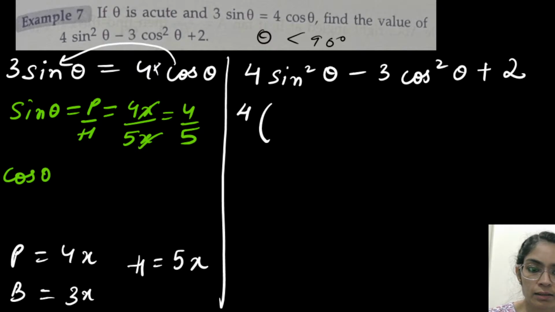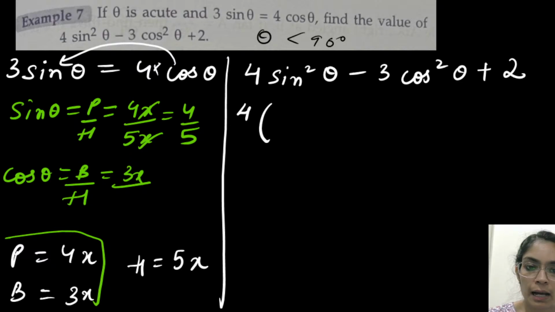Cos theta we know it is base by hypotenuse. Base is 3x. See, from here I am seeing hypotenuse is 5x. So cos theta is equals to 3 by 5, as x and x are getting cancelled here. Now let's substitute the values here. So once I substitute sine square theta, what I'll get?